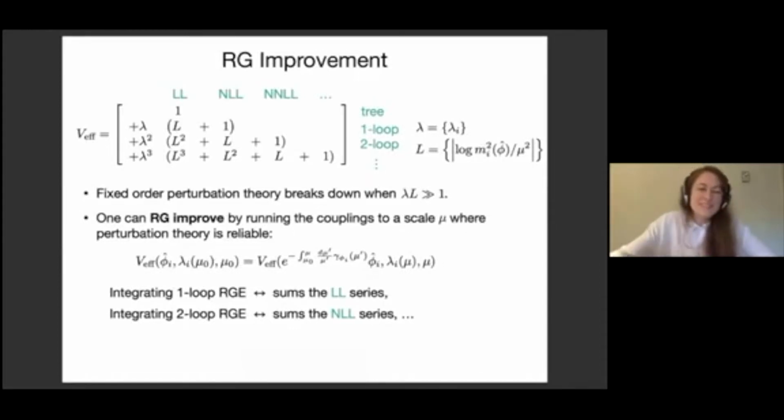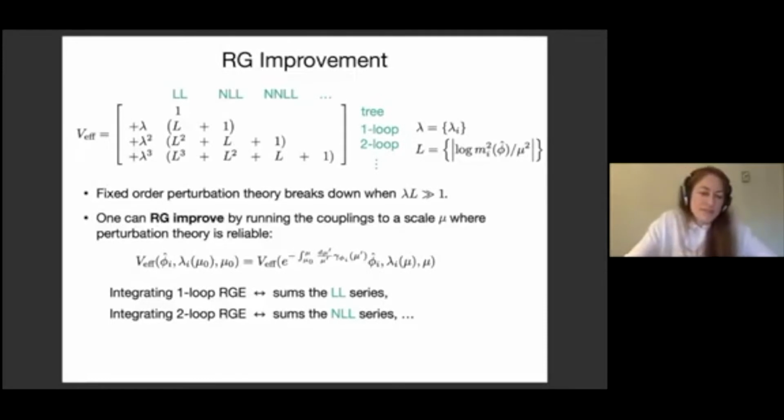And so evidently, of course, this is standard, fixed order perturbation theory will break down when lambda log is very large. So when these logs are large, then it is no longer reliable to truncate the loop expansion. And so in such a case, we can restore the validity of perturbation theory by RG improving the effective potential, which we do by running to a scale where perturbation theory is reliable.